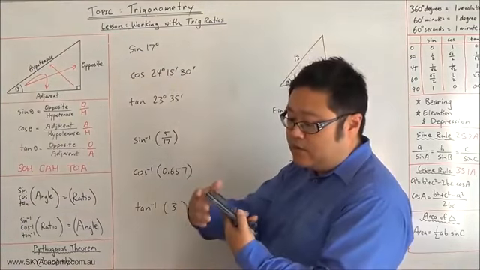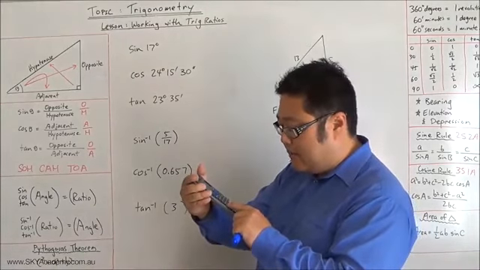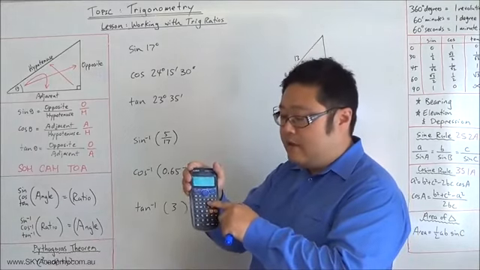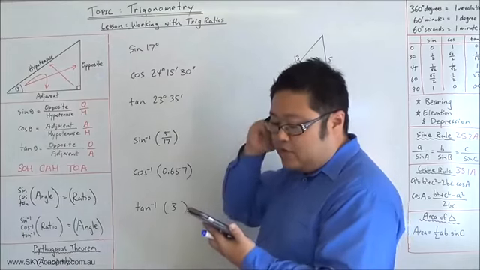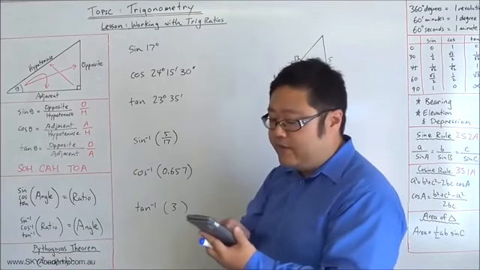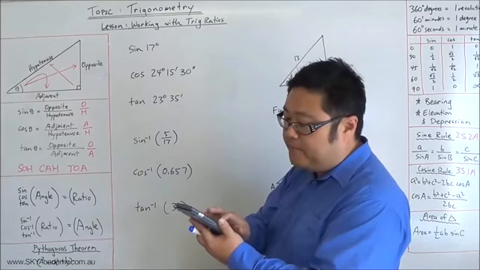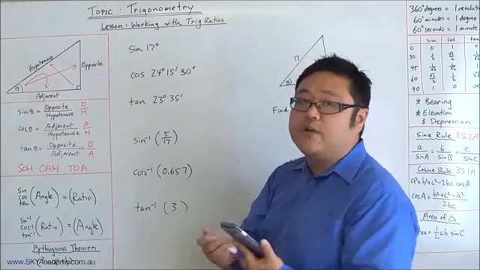Alright, so let's use sine 17. Basically what you do is you go to the sine button in your calculator, which is in the second line of the function buttons, and it should be written as SIN. You should find it fairly simply. So you press sine and then you press 17, close brackets, and it gives you a ratio as a decimal.